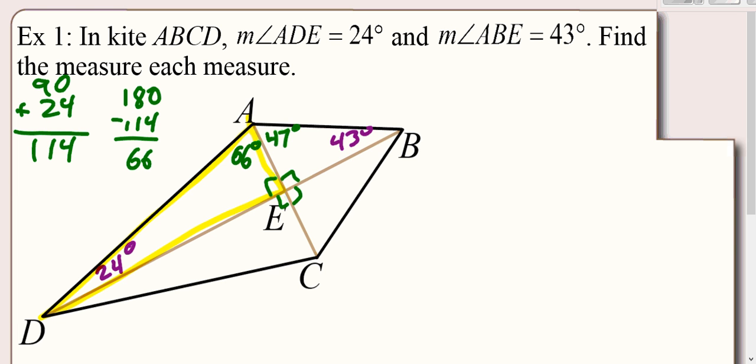Then we've got that other property that says that one of the diagonals is an angle bisector. So since this is 24, so is this side, because it's an angle bisector. Since this is 43, so is this side, because it's an angle bisector.